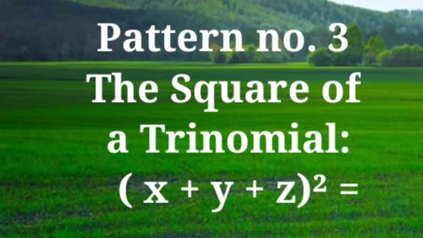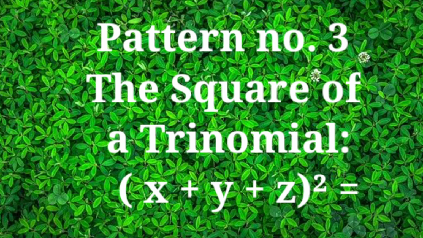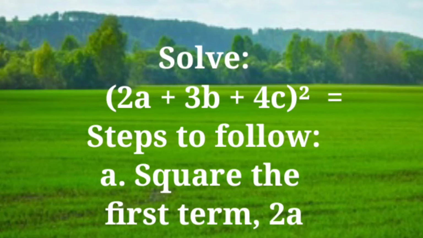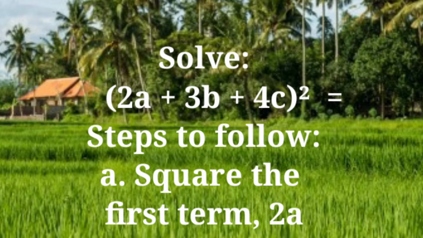Pattern number 3: the square of a trinomial, (x + y + z) squared. Solve (2a + 3b + 4c) squared.